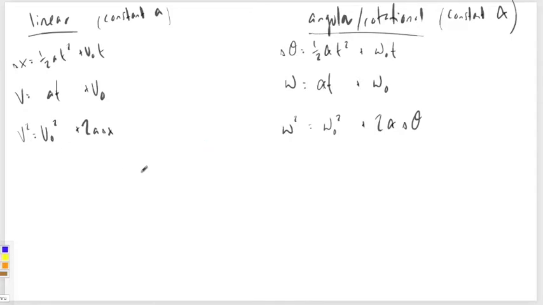Okay, and then remember that to bridge the gap, to convert from linear to rotational quantities, your change in position will always be r times your change in angle, where r is the distance away that particle is from the axis of rotation.